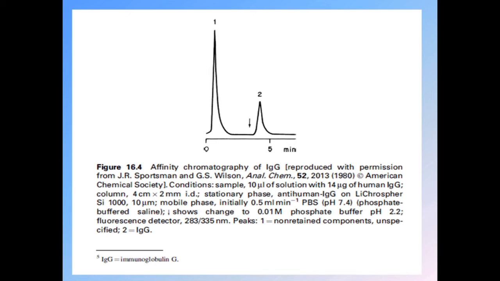Conditions: sample 10 microliter of solution with 14 microgram of human immunoglobulin G. Column 4 cm by 2 mm internal diameter.